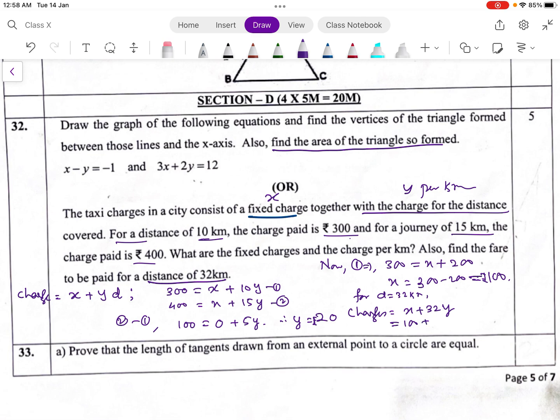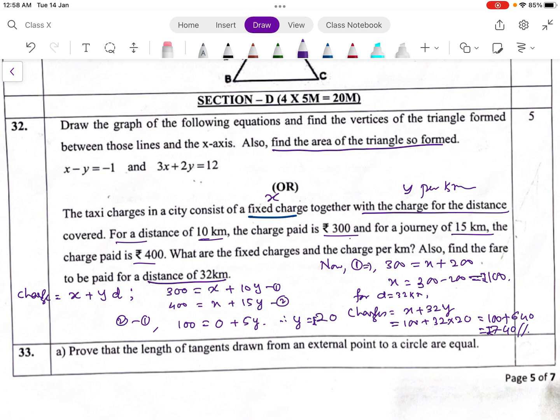So 100 plus 32 into 20, that is 100 plus 640, so that will become 740 rupees. You have to write in the answer that the charges for a 32 kilometer journey are 740 rupees. This is how you will get the full marks here.